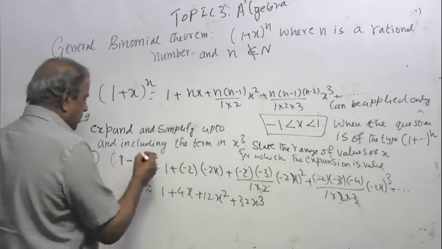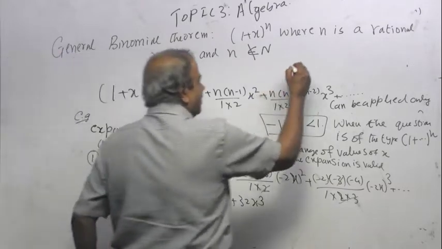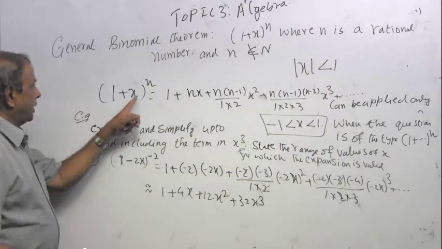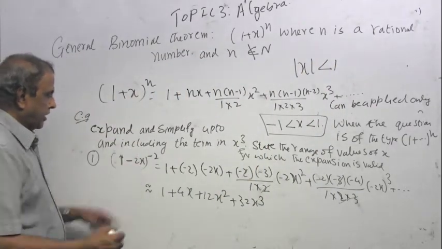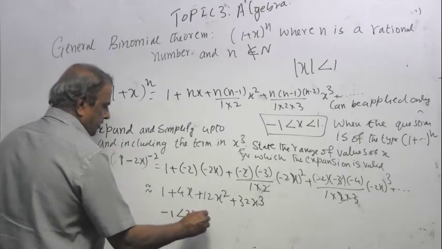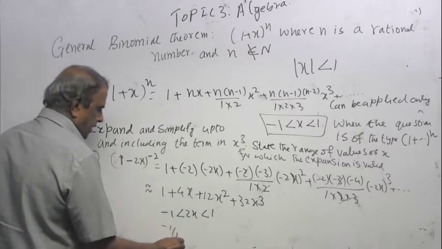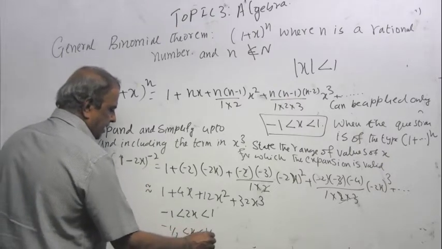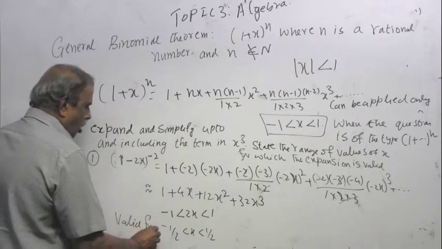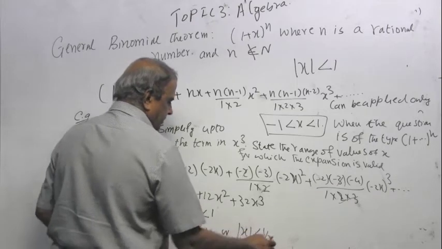But my x is -2x, and I'm not bothered about the minus, because actually it is the modulus of x less than 1. The absolute value of that x is 2x here, so it should be -1 less than 2x less than 1. Divide through by 2, -1/2 less than x less than 1/2. Valid for that, or you can say mod x less than 1/2.